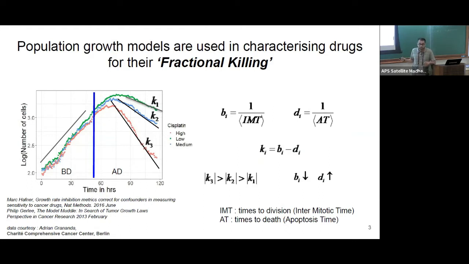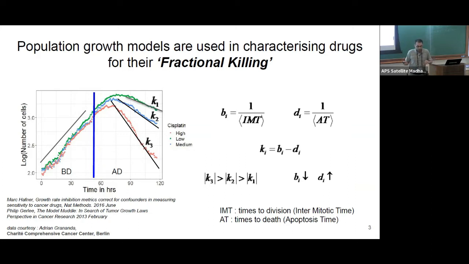The drug here is cisplatin. As you can see, most of this graph behaves in a linear manner. It shows a linear relation between log of the number of cells versus time, and thus is an exponential growth of the population of cells, except for this small region, which is a transient period.